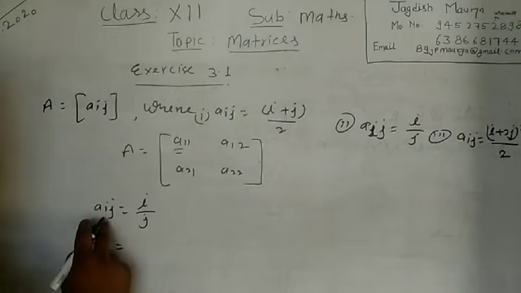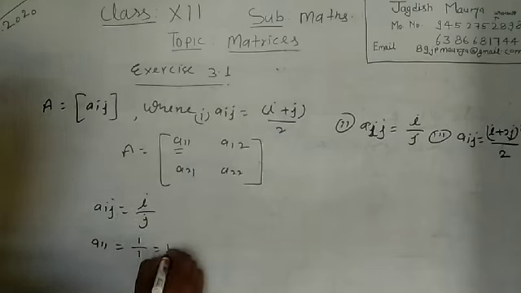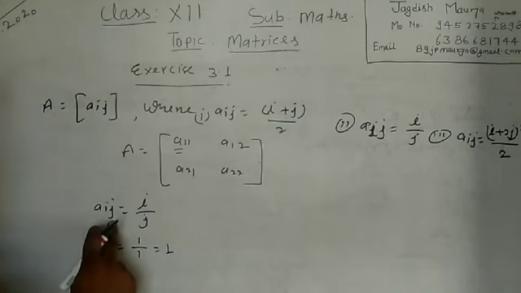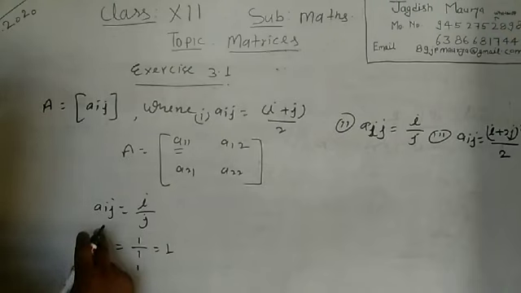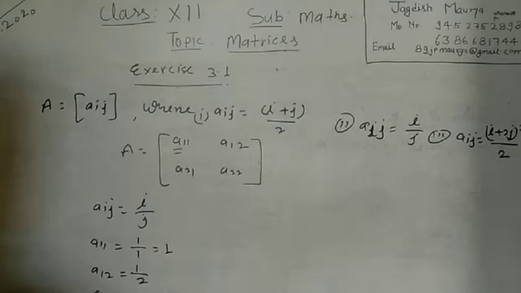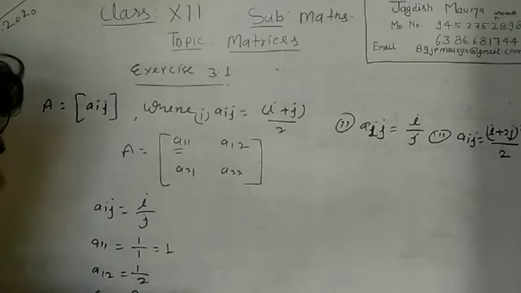A11 equal to 1 upon 1 equal to 1. A12: we put i equal to 1 and j equal to 2, so 1 upon 2. Here A21, we put i equal to 2 and j equal to 1, so 2 upon 1 equal to 2.